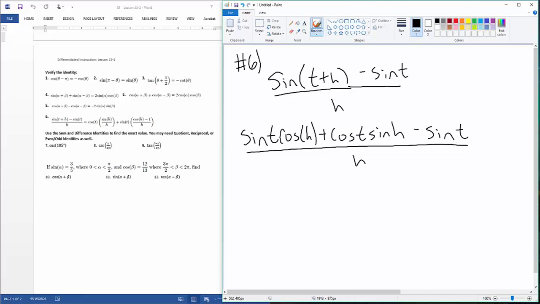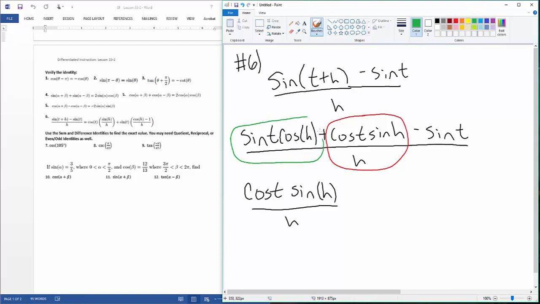So now, if we're looking at what it's asking us to do, we're going to have to break this up a little. I'm going to pair this together, so I'm going to get cosine of t sine of h all over h, and then I'm going to pair this together.